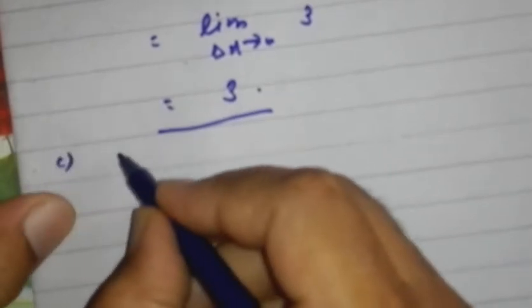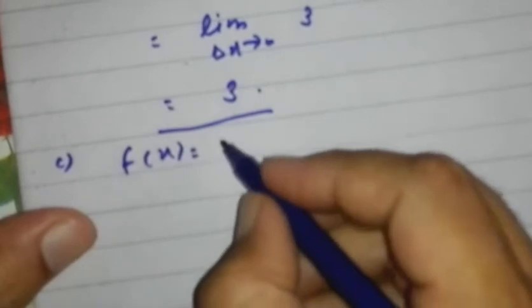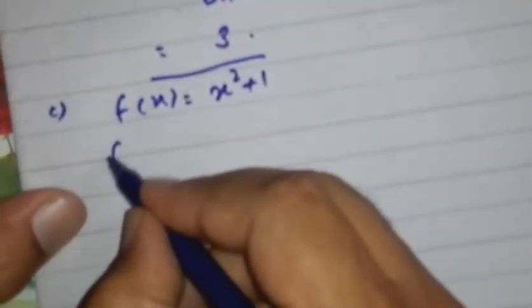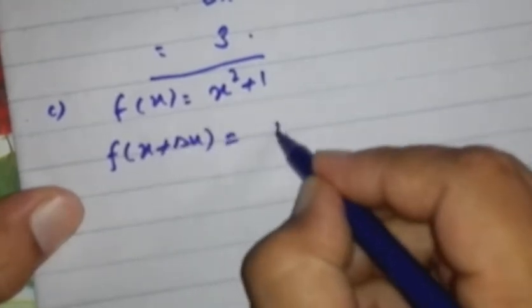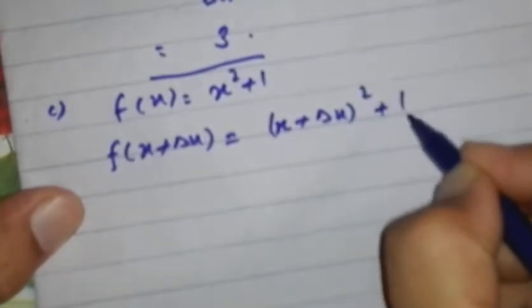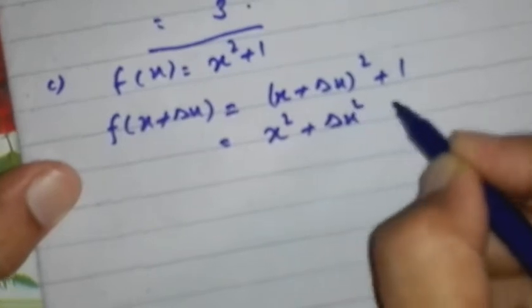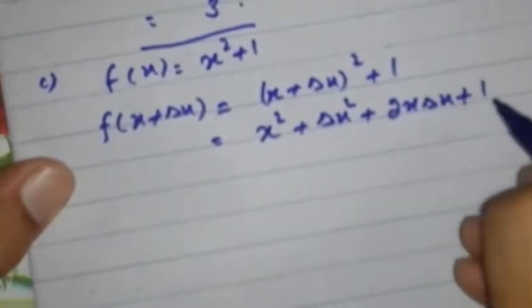Now try part B by yourself. Part C. f of x equals x square plus 1. Add the increment: f of x plus delta x equals x plus delta x whole square plus 1. Expand this: x square plus delta x square plus 2x delta x plus 1.